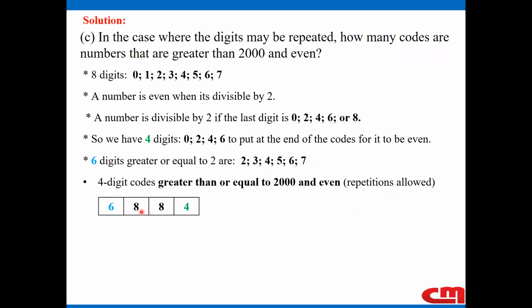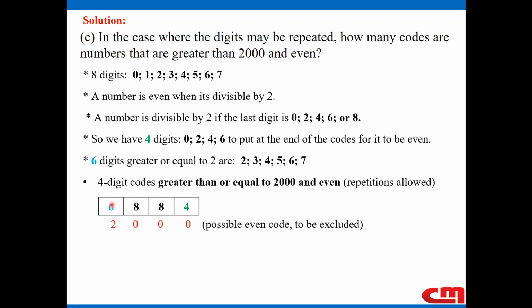Therefore, for the second position, I'm still choosing from the 8 digits. The third, the same from the 8 digits. Understanding that, the fact that I've said 4-digit code greater than or equal to 2000, I'm simply saying I can have a 2000 as a code.